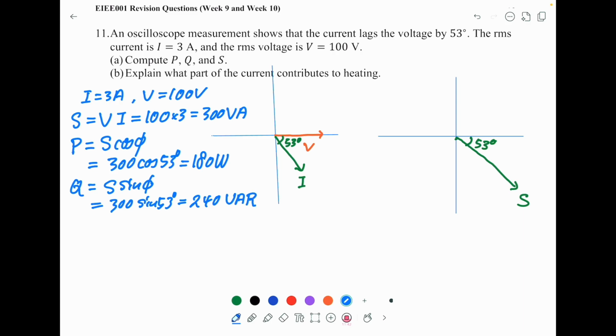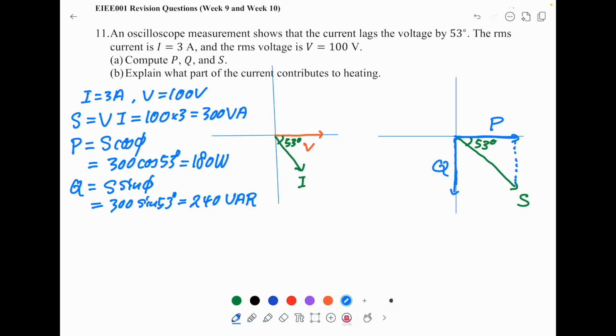This is part A. So how do we draw the triangle? The S projects along here, and this is the real power P, and this is reactive power Q.